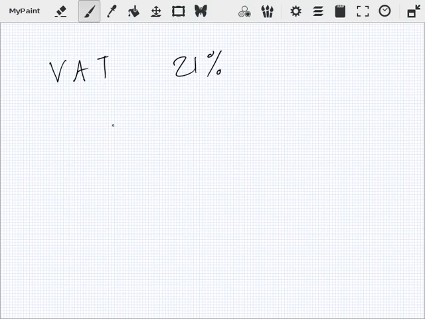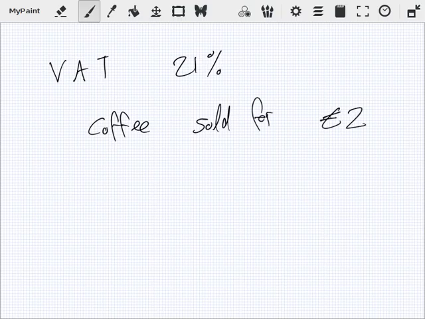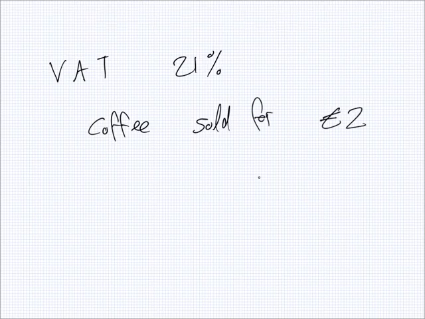And let's say a coffee is sold for €2. I want to calculate what was the VAT. So I want to know what's the VAT. And the VAT rate is 21%.